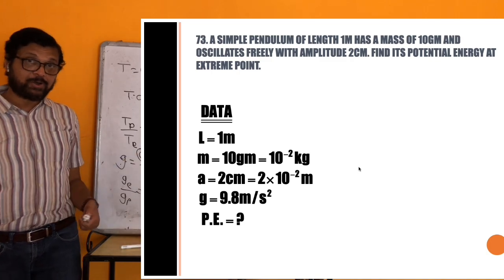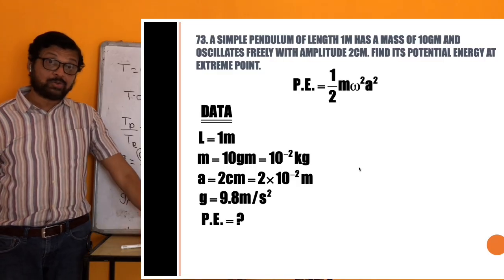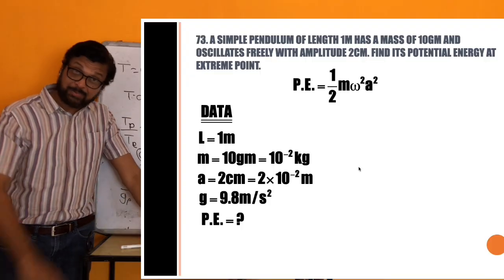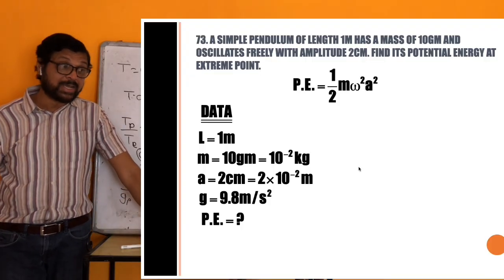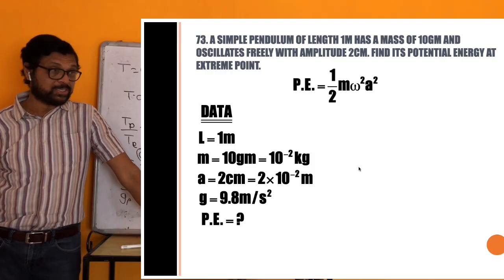We have to find the potential energy. What is the formula for potential energy? It is half m omega square x square. But since it is at the extreme position, x will be equal to a. So it is half m omega square a square. This is the formula for potential energy.